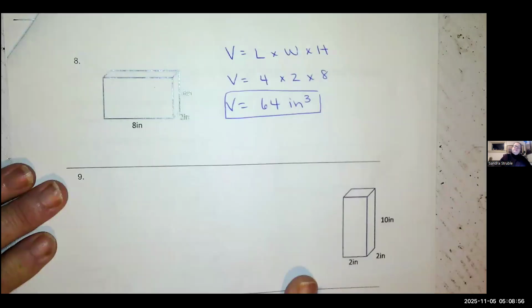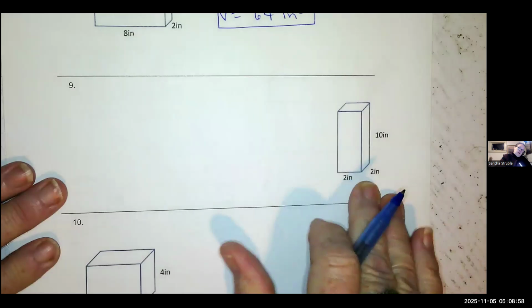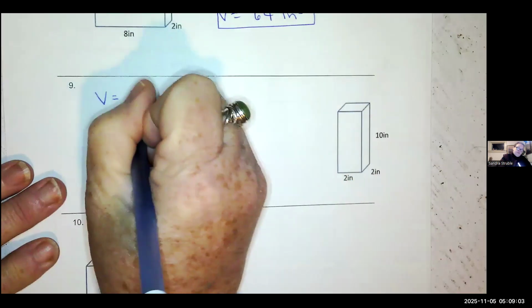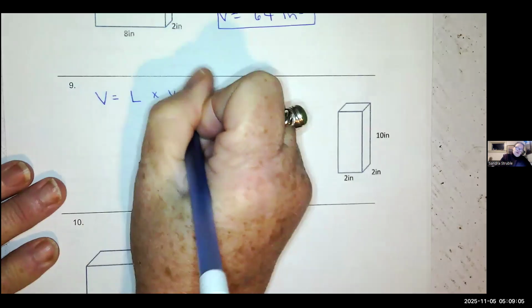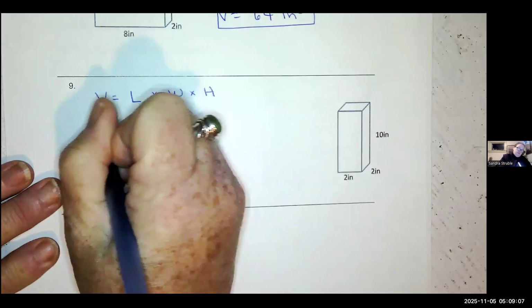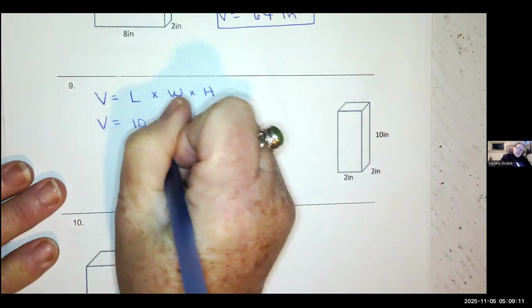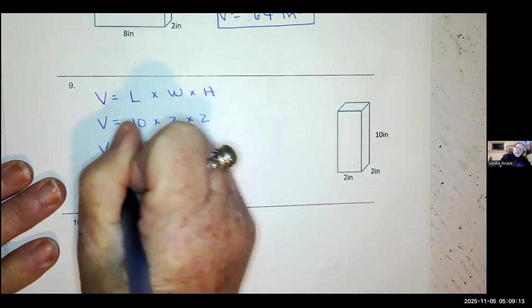Another rectangular solid, length times width times height. Pause the video. Attempt this one yourself. 10 times 2 times 2 is 40, and this is inches cubed.